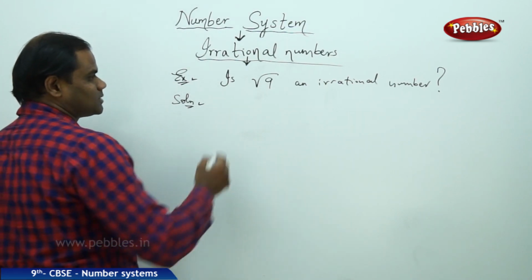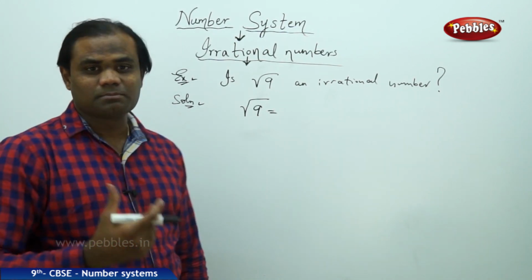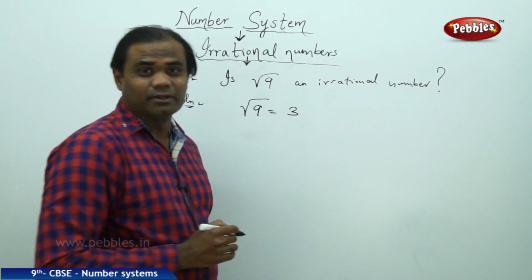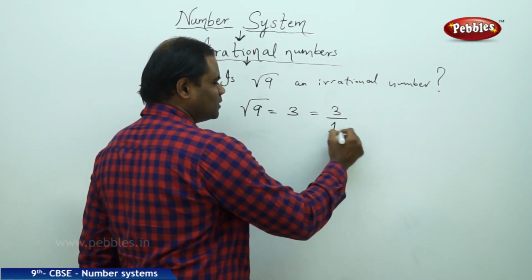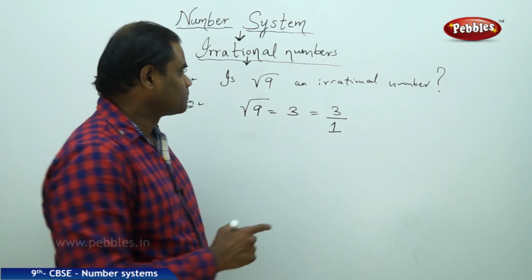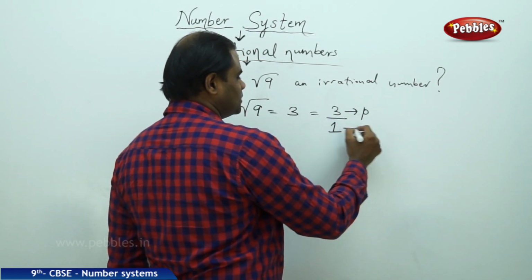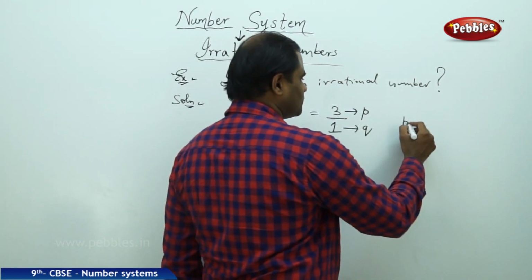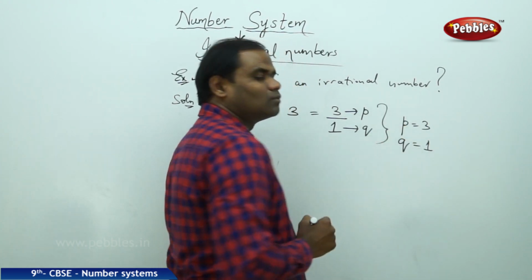Here I simplify it to a simpler form where root 9 can be expressed as 3, which can be expressed in the form p by q, because I need to put it through test number 1 and test number 2. So this can be expressed as 3 over 1, where my numerator is p and my denominator is q. Therefore, my p is 3 and my q is 1.